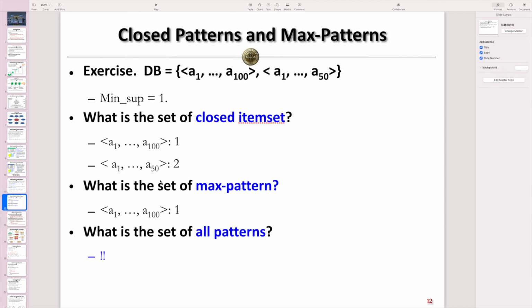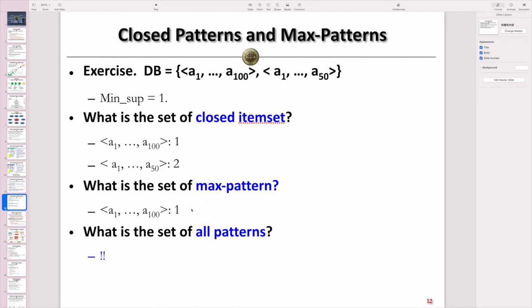So A1 to A50 is frequent. However, we can also find a superset, A1 to A100, which is also frequent. Therefore, we can reject A1 to A50 as a max pattern. How about A1 to A100? It is frequent, and none of its supersets is frequent, so this one is the max pattern.